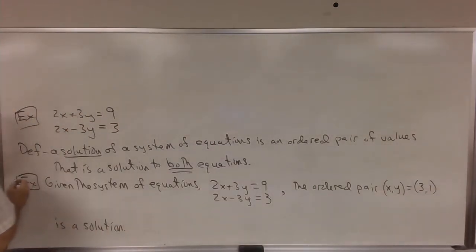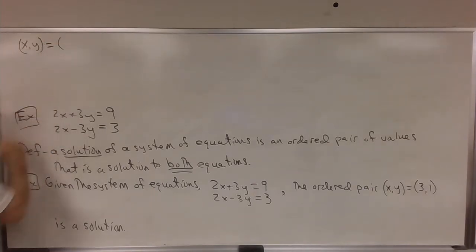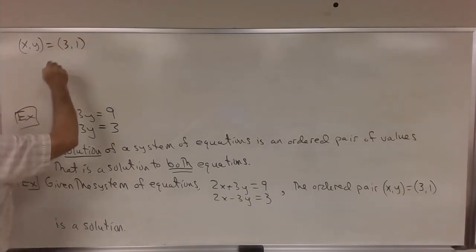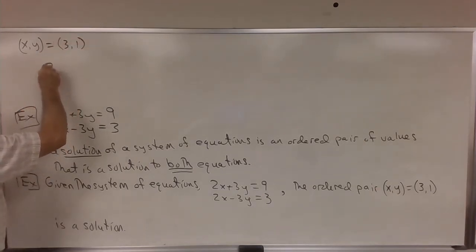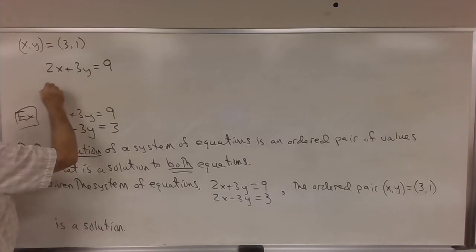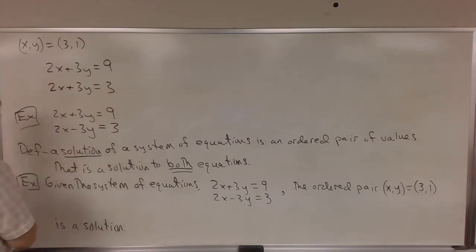So we have (x, y) equals (3, 1). And we have the equations 2x plus 3y equals 9, and 2x minus 3y equals 3.